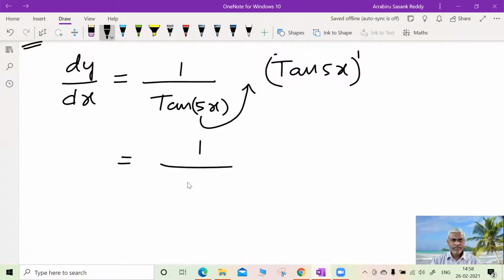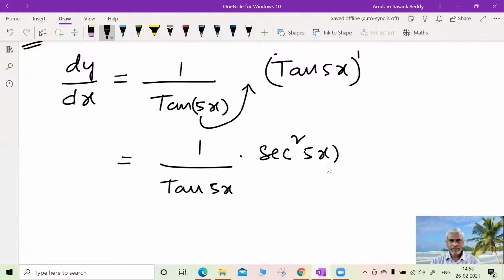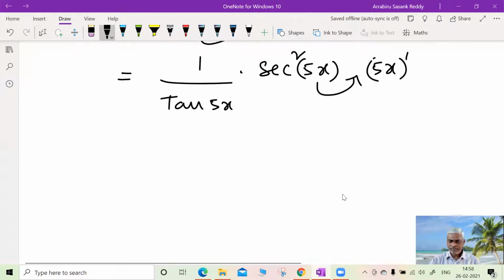So 1 by tan 5x. Again, this is tan function. Tan x differentiation is sec square x, and tan 5x differentiation is sec square 5x. Again, 5x differentiation, in place of x, 5x is there.